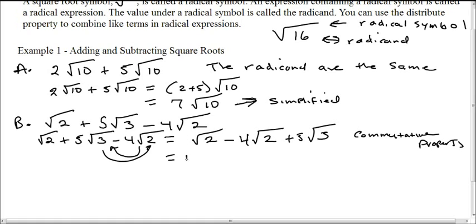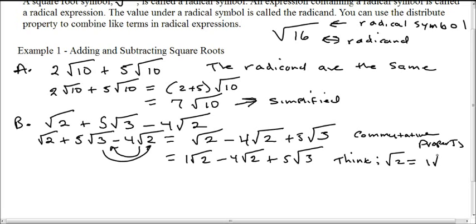So I'm going to put a 1 here: 1 times the square root of 2 minus 4 times the square root of 2 plus 5 times the square root of 3. The only thing I'm asking you to do is think and understand that the square root of 2 is the same as 1 times the square root of 2. It's just like if we were using an exponent and the exponent said x is really 1x.